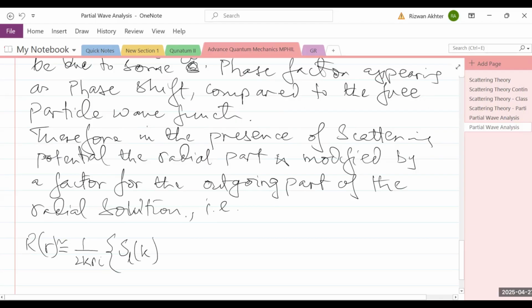So l is the angular momentum and k is the wave vector for the incoming specific wave, and the rest is in fact the same.